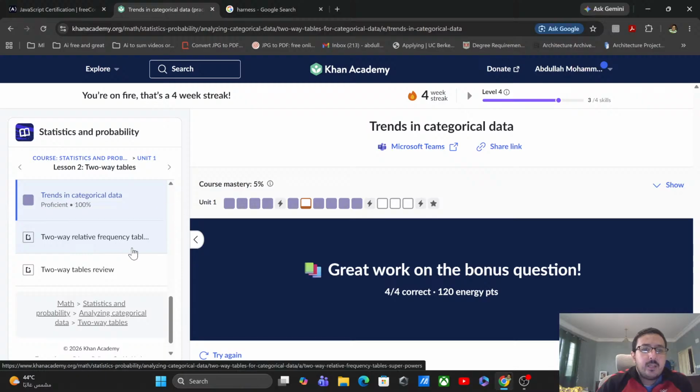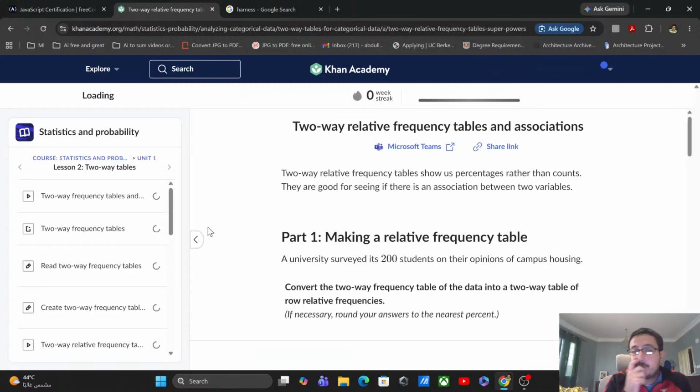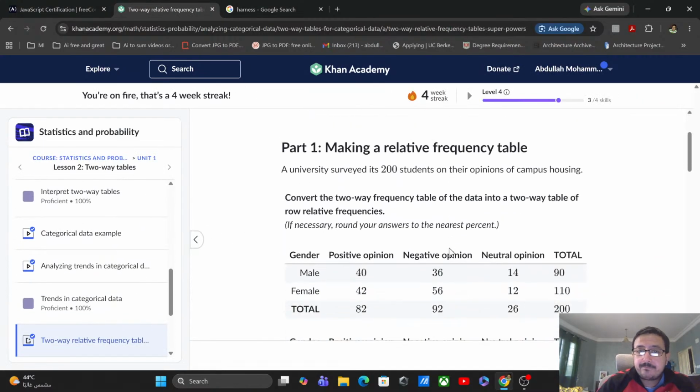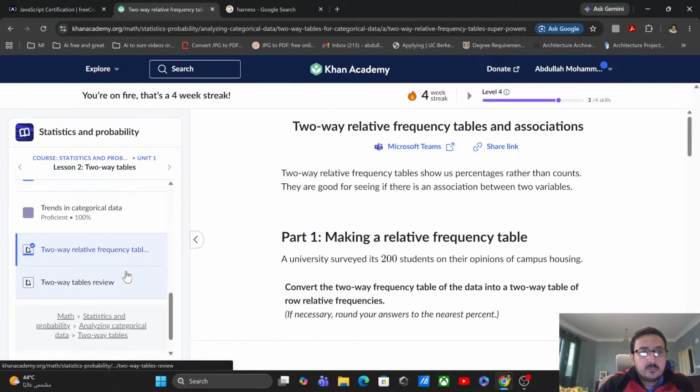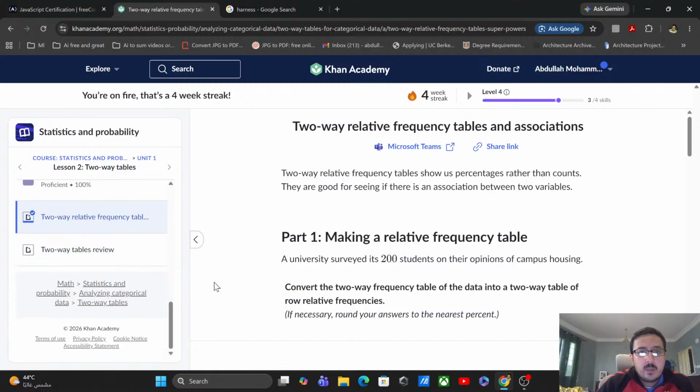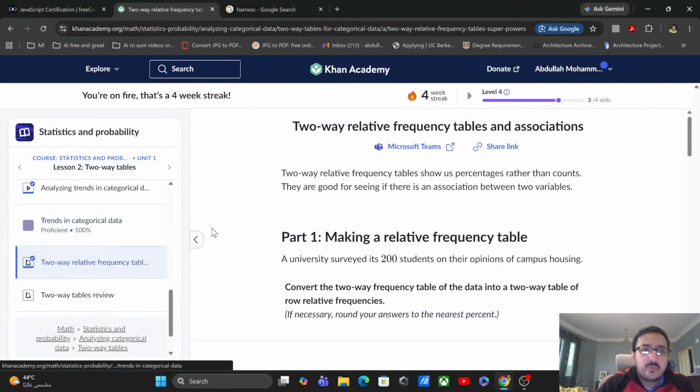Two-way relative frequency tables and associations. Two-way relative frequency tables show us percentages rather than counts.